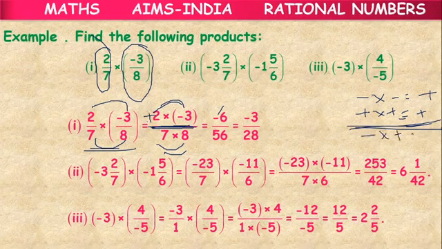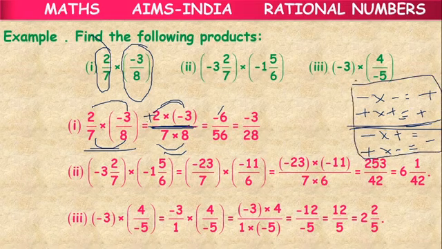Otherwise, when we have opposite signs like minus into plus or plus into minus, it always results in negative, which we have learned already in our earlier classes. So that's why directly we are saying here, plus into minus equals minus.